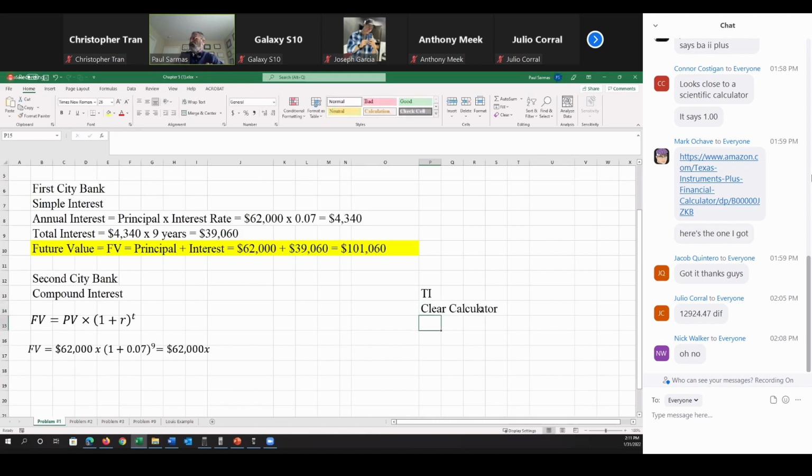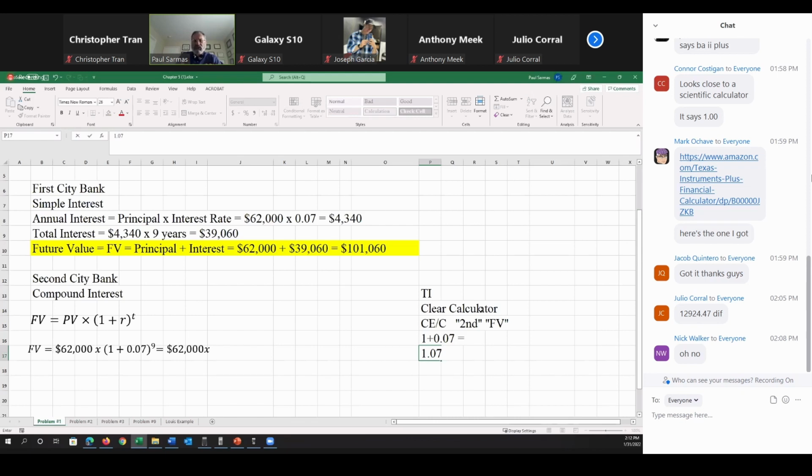And I showed you how you do CEC, second key, and FV key. That clears it. So you do 1 plus 0.07 equal. The calculator will give you 1.07.